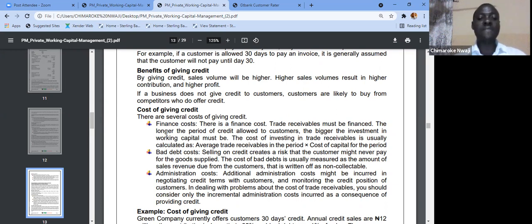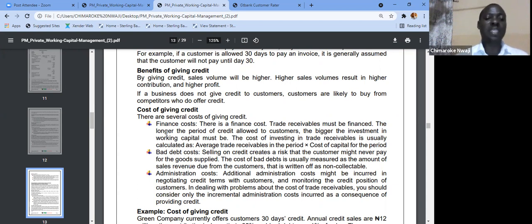So the average trade receivable is the beginning trade receivable plus the closing trade receivables divided by 2, to give you the average, multiplied by the cost of capital for the period. Now, that's for cost of finance. You have to finance receivables given out to customers.